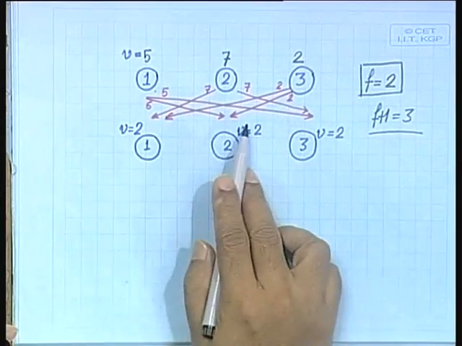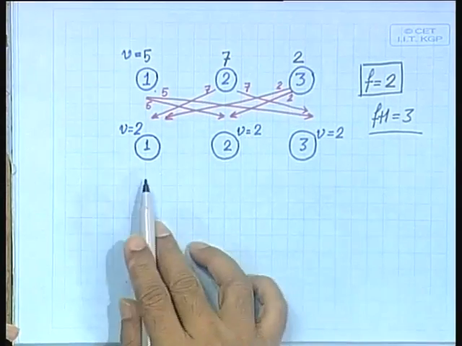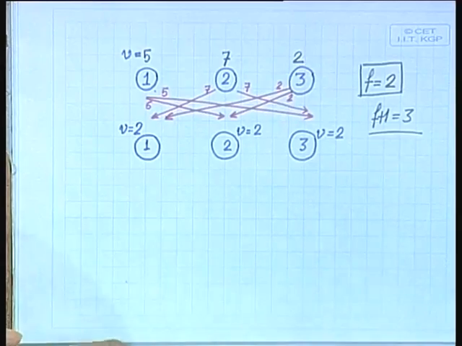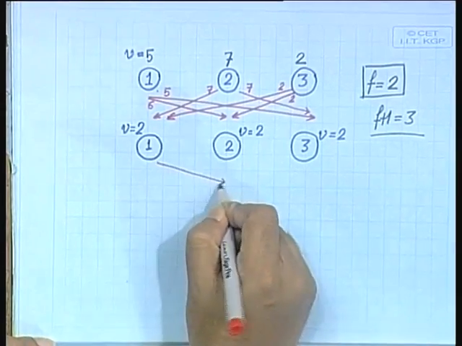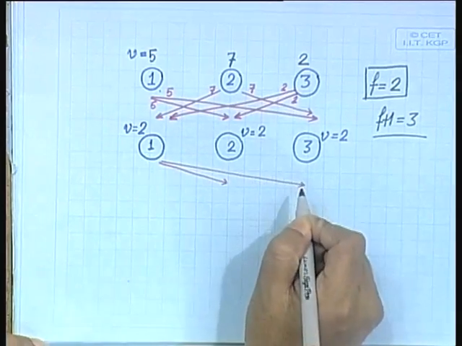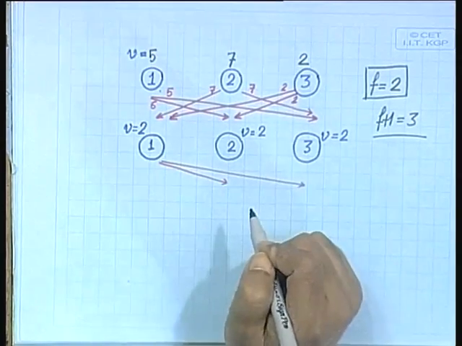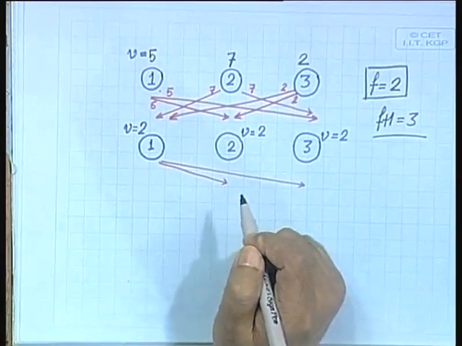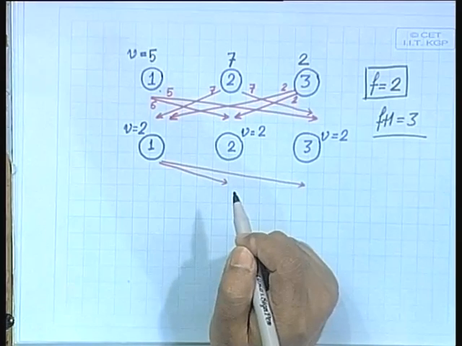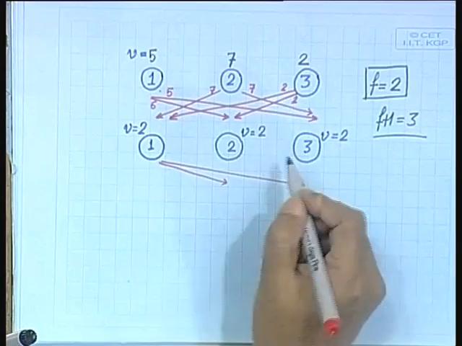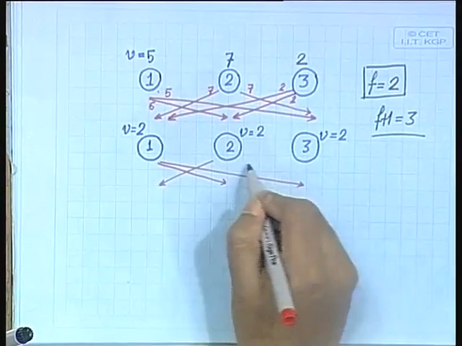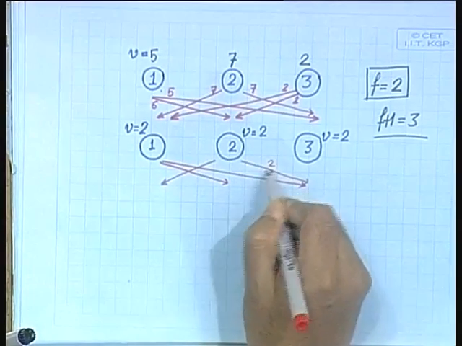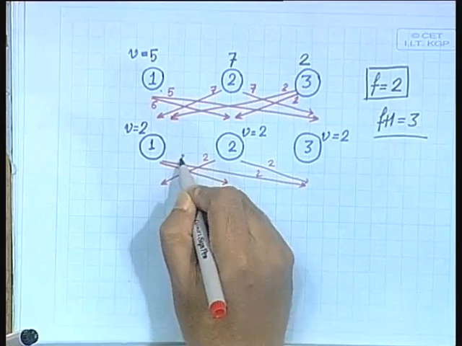This is round 1, then I will again do a similar round 2, and what will happen in round 2? They will all exchange 2, except 3. 3 will not exchange 2 anymore, because it has already sent 2. So, these 2 will exchange 2.